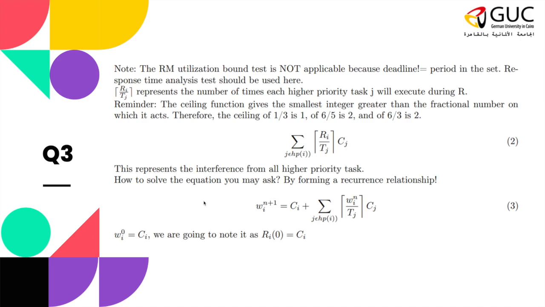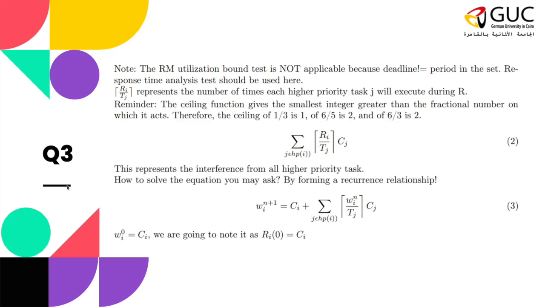It will be done through numerical analysis. It's like we'll be looping over and over again. We replace the R's with W's. So W of I, n plus 1, is equal to C of I plus the summation of the ceiling of W of I, n, over T of J, multiplied by C of J. You can imagine as if we are looping from index 0, where n at the beginning will be 0.